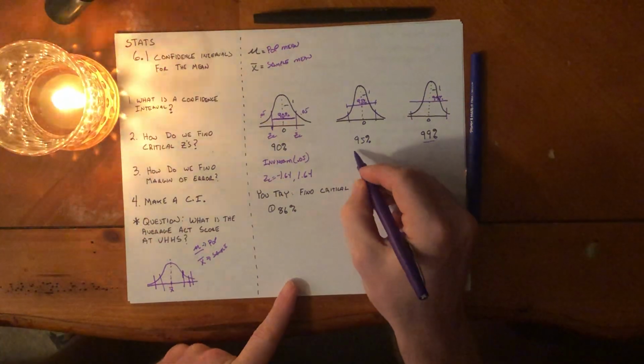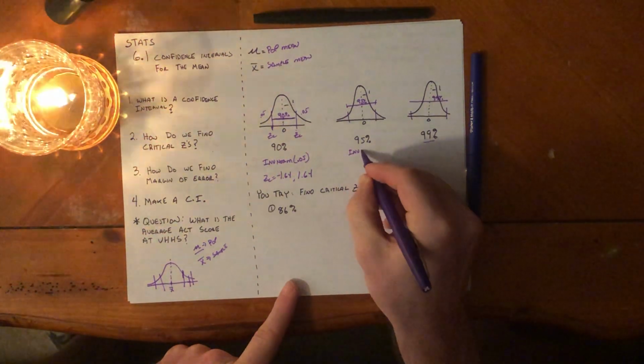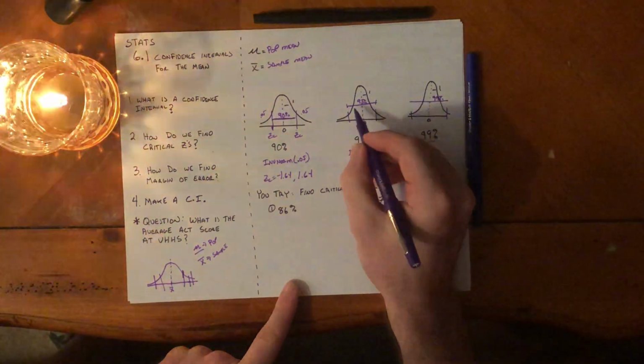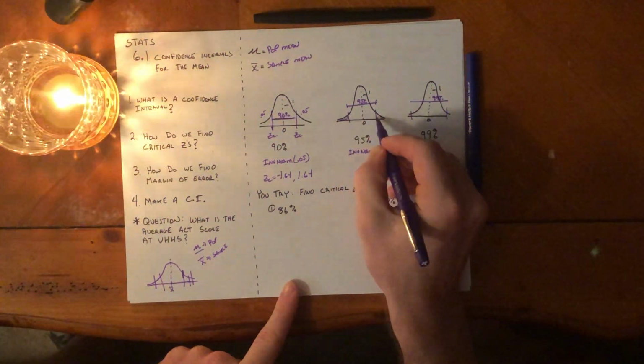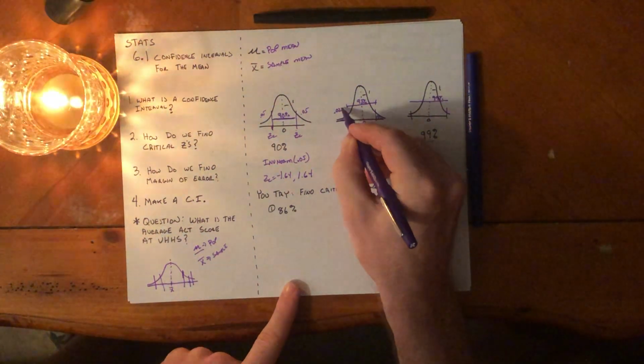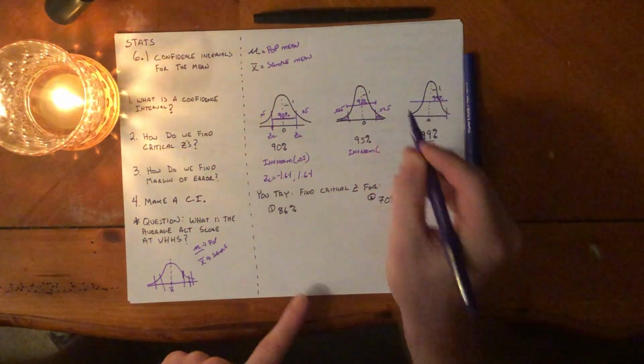Let's do it again for this one. So this is going to be invert norm. And now 95%, so that means that we have 5% in the two tails, this tail and this tail. So that means I have 2.5%, 0.025 here, and 0.025 over here.